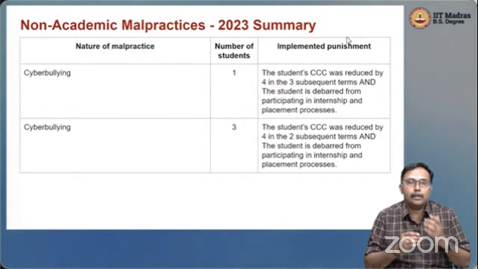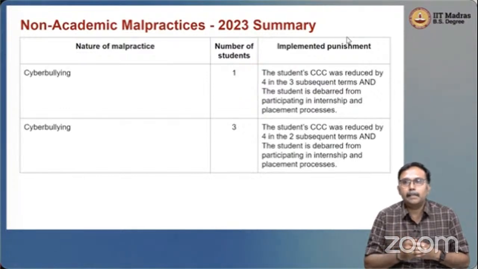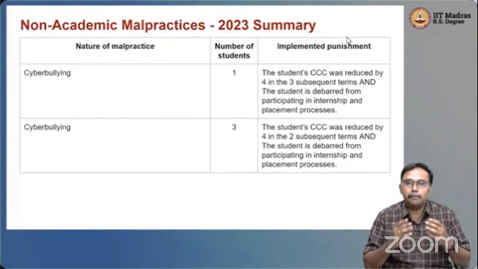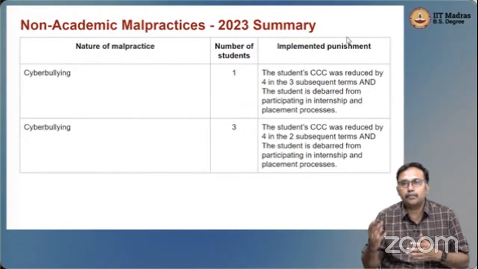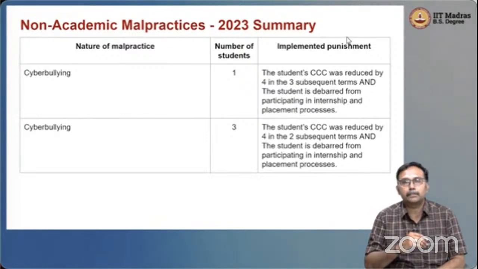And the student is also debarred from participating in internship and placement processes. The 3 other students who were involved in cyberbullying activities were also penalized, and their CCC was reduced by 4 for 2 subsequent terms, meaning that they cannot register for courses for the next 2 terms. And these students were also debarred from participating in the internships and placement processes.